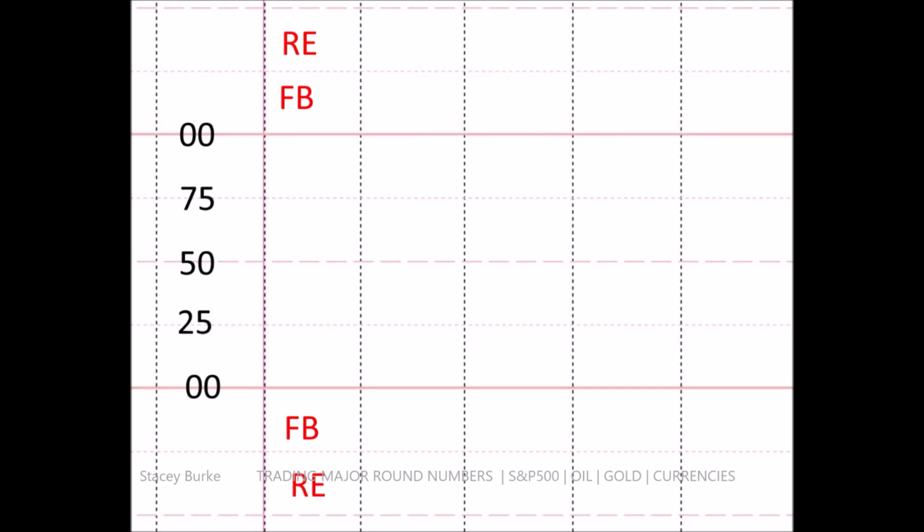There are all kinds of different scenarios, but when you master the 100 pip box, $1 box, 1,000 pip box, and tie that in with your high and low of the week, then these quarter levels make very important distinctions, because often the highs and lows of the day are at these number levels.